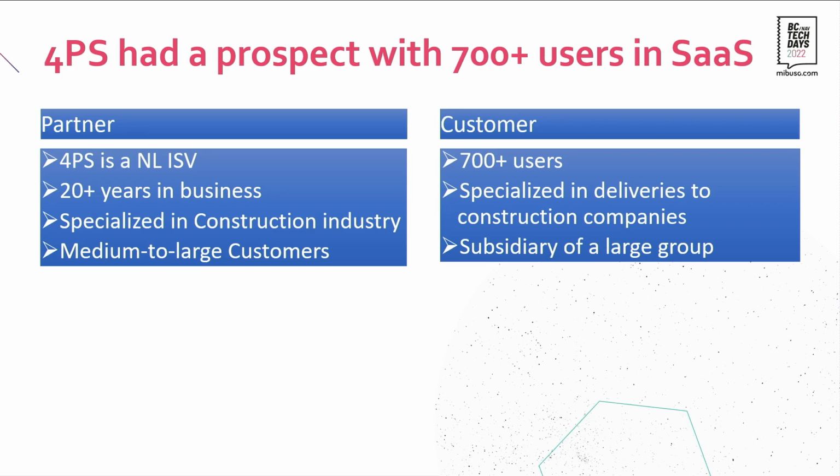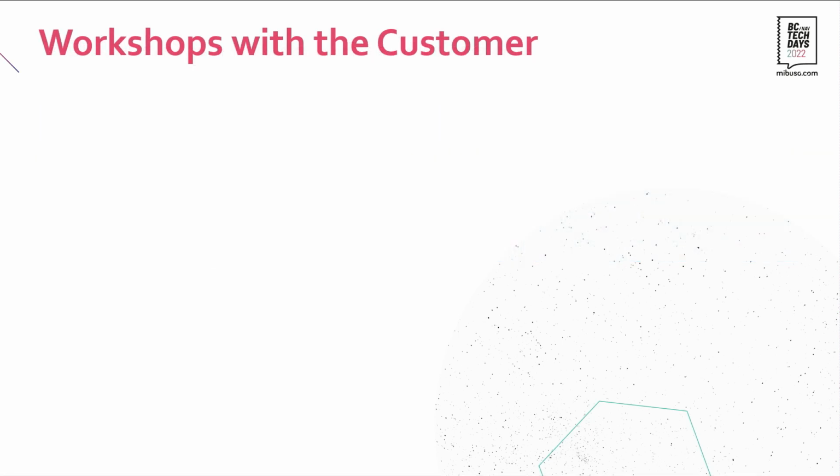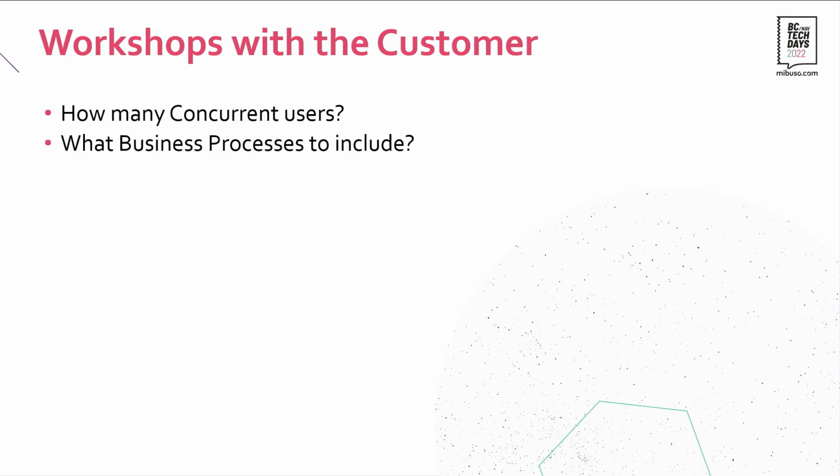So what 4PS then did, together with us, was that they had workshops with the customer, and exactly as Henrik explained, tried to identify how many concurrent users there will be at any given point in time. That also includes mobile users and whatever they have, web services.